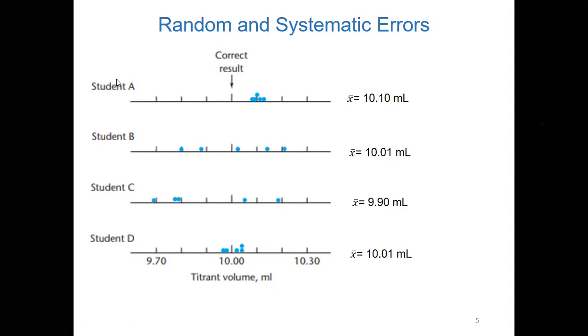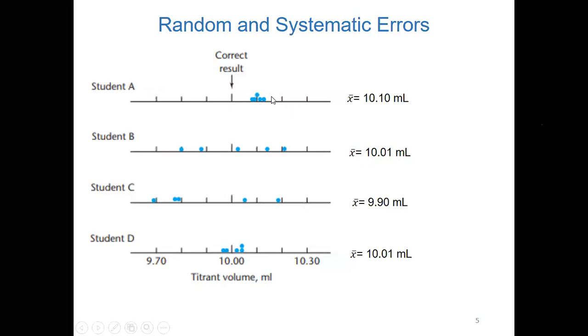When 4 different students perform the experiment, all 4 will not get the same value. So these are the values these 4 different students got. All of them have done several measurements.